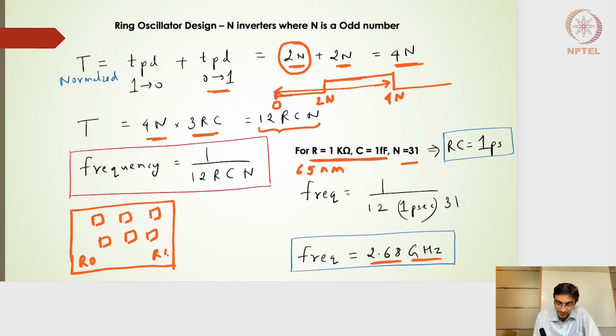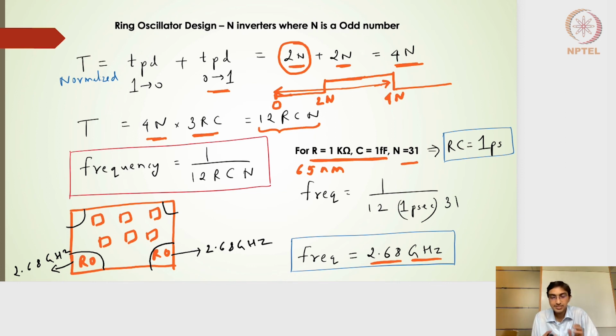While we fabricate it, once we get the chip out, we should be able to test the frequency of this ring oscillator. For a 65 nanometer technology node, if it gives a frequency of 2.68 gigahertz, that represents that even the corners, while fabricating, are giving a frequency of 2.68. That means the fabrication process has been done perfectly. There is no problem in the fabrication.